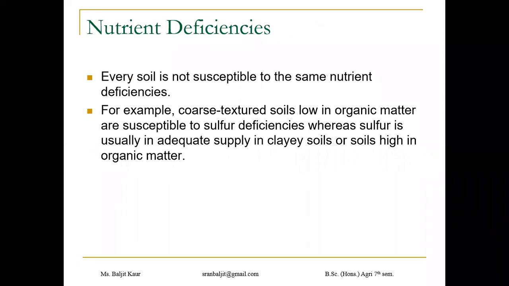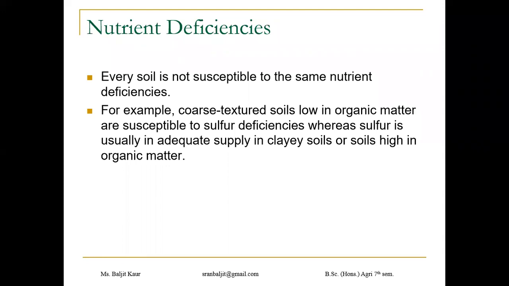Okay, every soil is not susceptible to the same nutrient deficiencies, because some soils have more nutrients in them, while others lack those nutrients, right? For example, coarse texture soils are low in organic matter, which is why they are susceptible to sulfur deficiency.